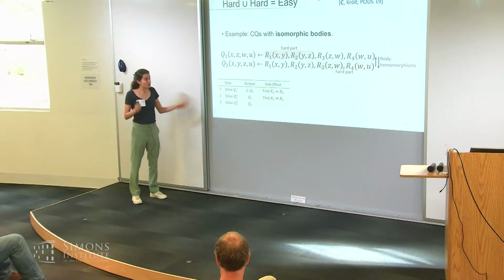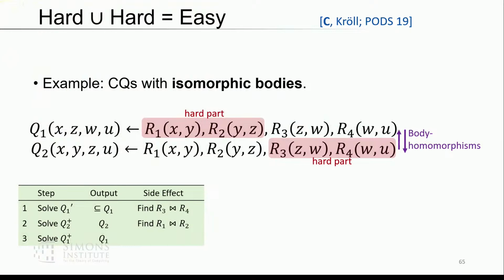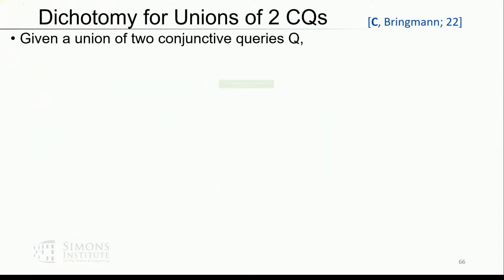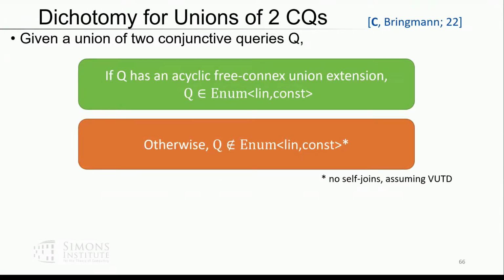So for unions also, open problem. What we do know is for unions of two conjunctive queries. If we have what we call union extensions, our algorithms work. If it doesn't work, we manage to show that there's always a reduction. But for this, we had to use vertex unbalanced triangle detection.